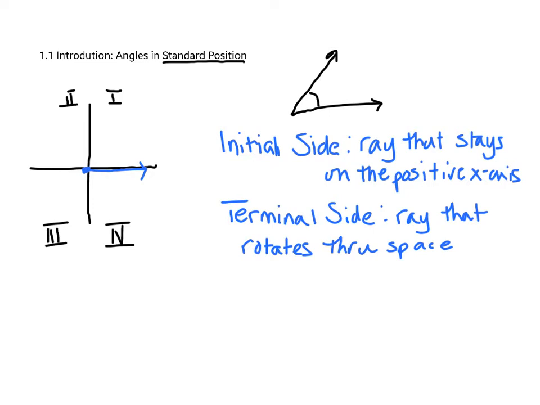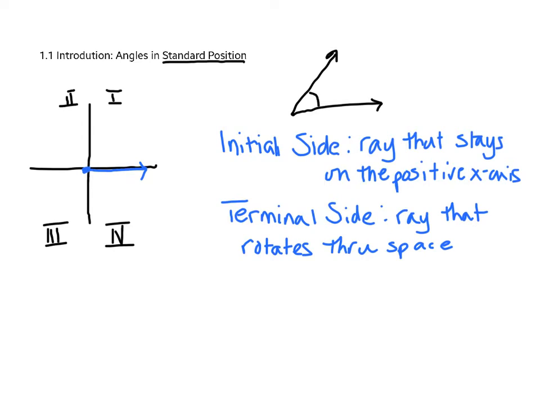And because we're rotating, we can go around many times. So we can get angles that are 1,000 degrees. We can get angles that are 1,500 degrees just by spinning and spinning and spinning. And we also get angles that are negative by spinning in a different direction. We'll come back to that in a second.